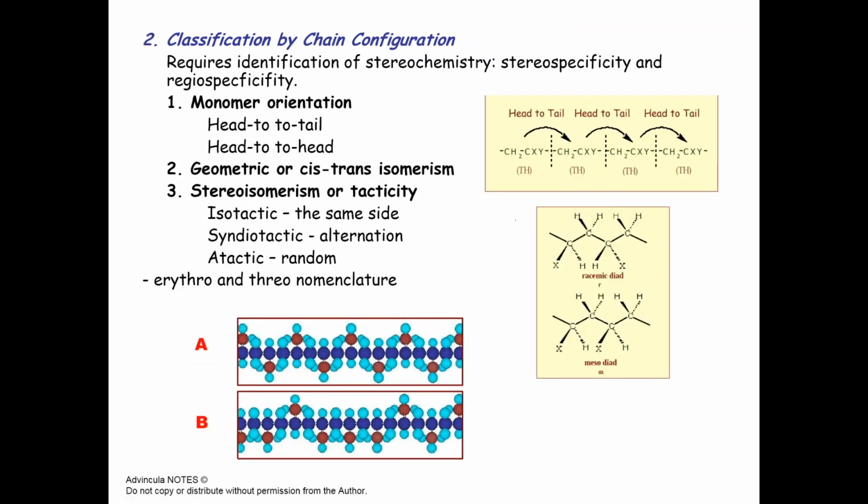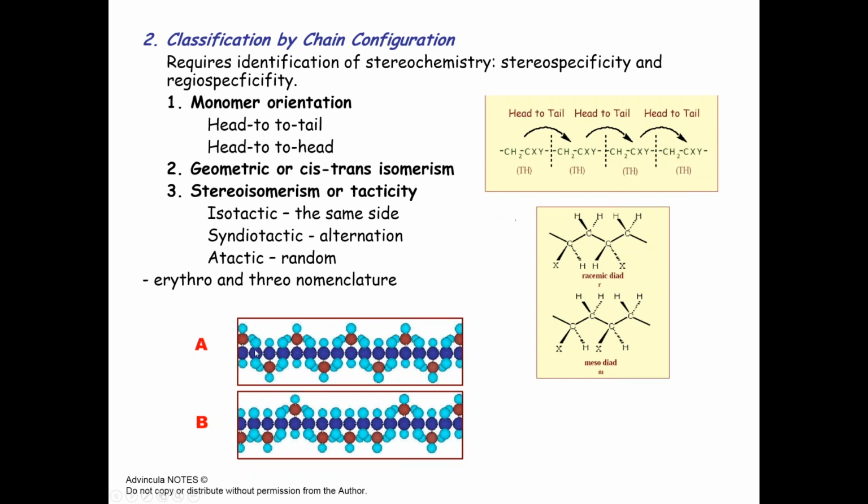Now, polymers can also be classified by their chain configuration, stereochemistry, or regiospecificity. This can be in the form of a head-to-tail, head-to-head, or tail-to-tail placement, such as observed in addition polymerization, or it can be in the form of the stereochemistry of the side or pendant group, either on one side, the opposite side, or alternating.